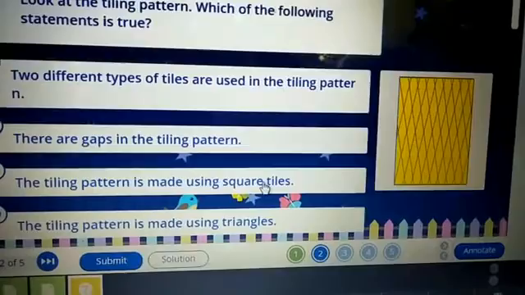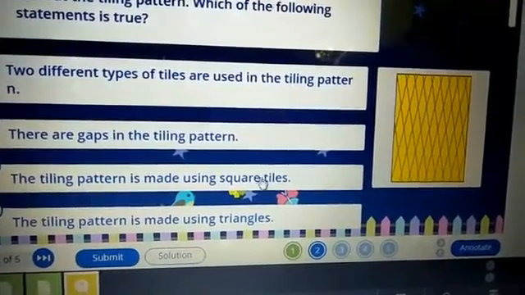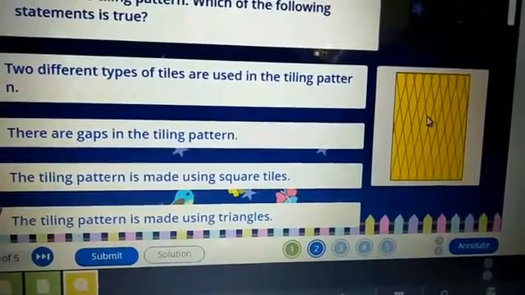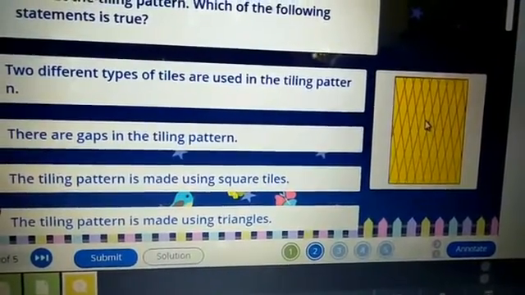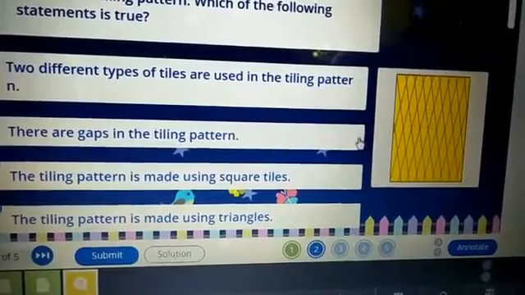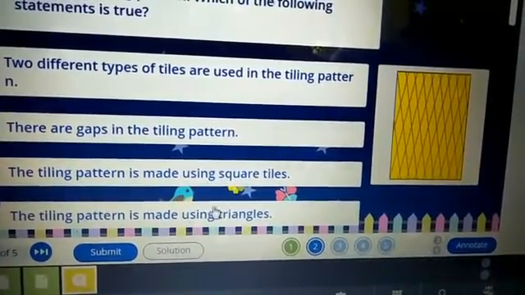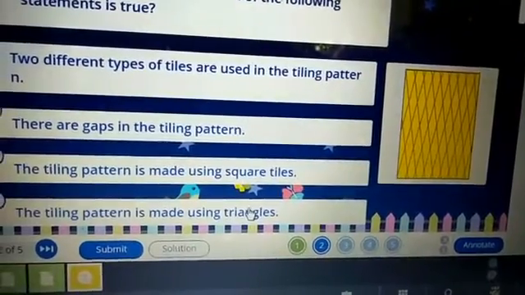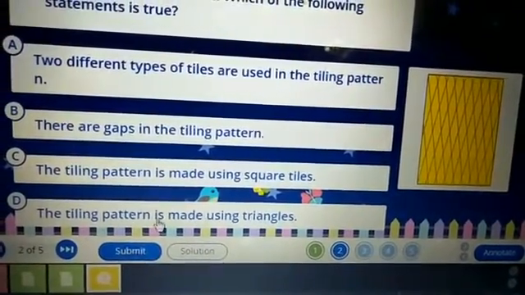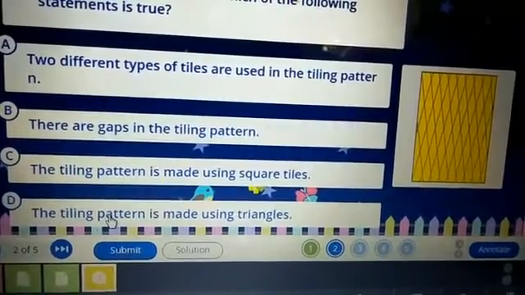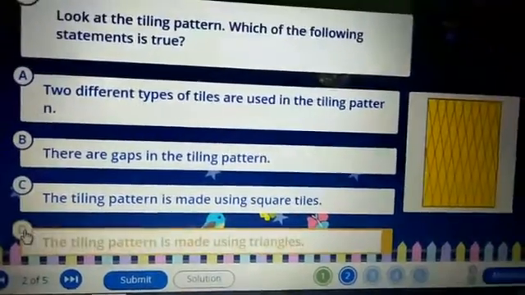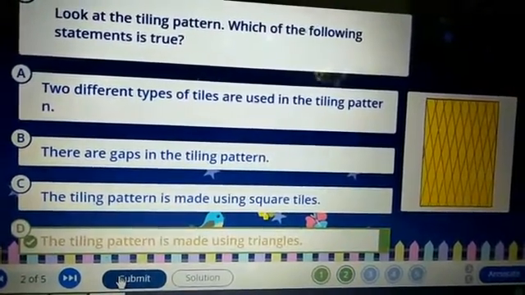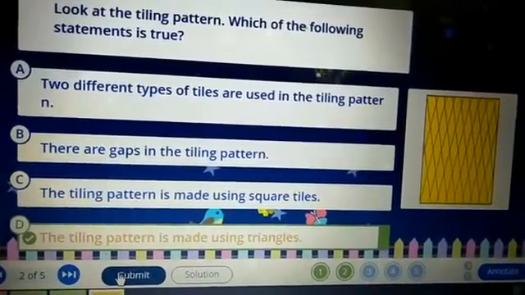Then, the tiling pattern is made using square tiles. Is this a square? No, these are not squares. This is a triangle. So the tiling pattern is made using triangles. So only this option is correct. So D is our option. I choose D now. Children, shall we check our answer? Yes, our answer is correct.